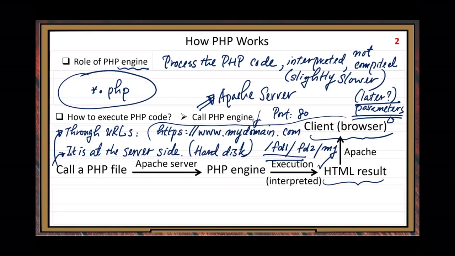The output of the PHP engine does not contain any PHP code, only HTML content, of course including CSS and JavaScript. If there is CSS or JavaScript, it is still passed to the Apache server and back to the client side web browser. So that's the basic procedure.